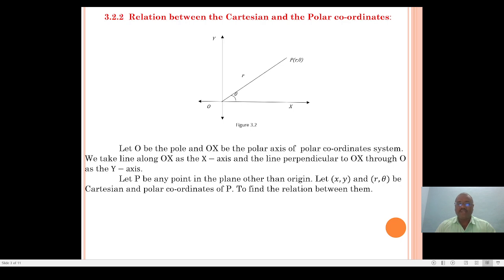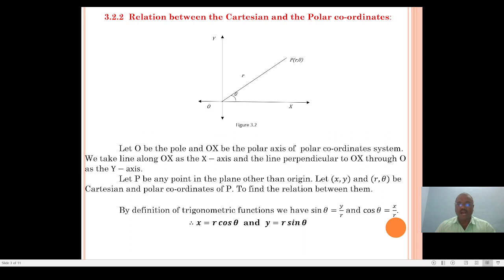Now to find the relation between Cartesian and polar coordinates, by definition of trigonometric functions, we have sin theta equals y upon r and cos theta equals x upon r. Therefore, x equals r cos theta and y equals r sin theta.